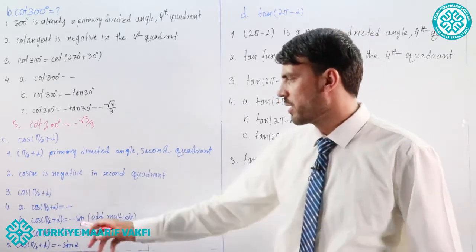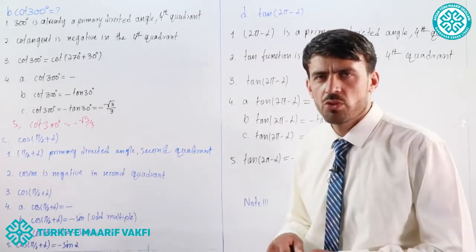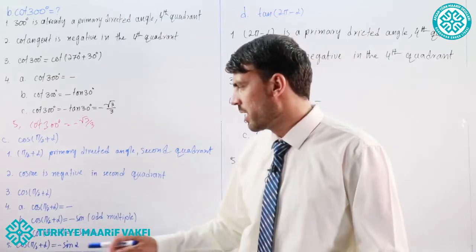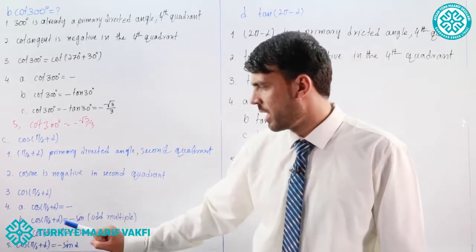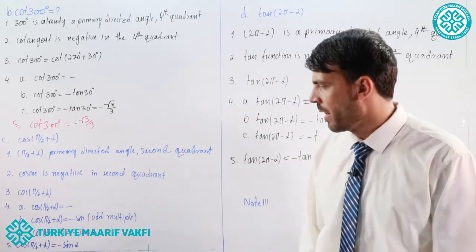We know that pi over 2 is itself pi over 2, and it is an odd multiple, so the function should be changed to its cofunction. We are going to change cosine into sine.